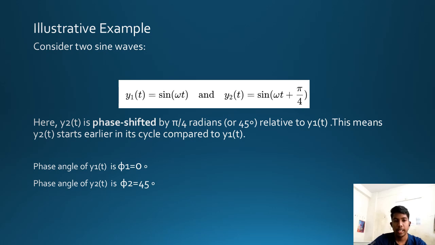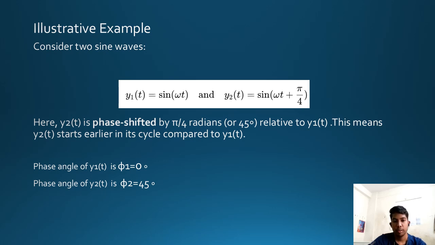To understand in detail about phase and phase shift, now let's take an example. Consider two sine waves. y1 of t is equal to sine omega t and y2 of t is equal to sine of omega t plus pi by 4. Here, the phase angle of the first function is phi 1 is equal to 0 and the phase angle of the second function is phi 2 is equal to 45 degrees.